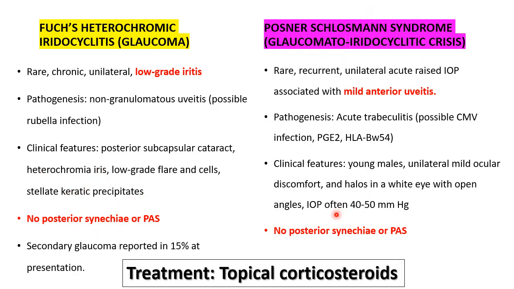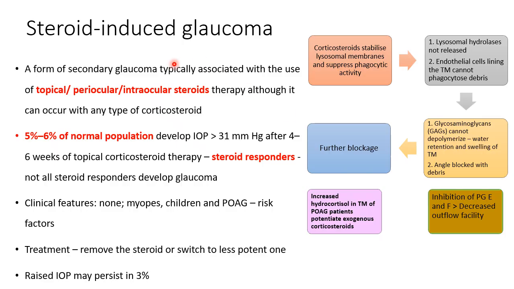And this one has a quiet eye with no other signs, but very high IOP and recurrent unilateral episodes. The next entity is steroid-induced glaucoma, a form of secondary glaucoma typically associated with the use of topical, periocular, or intraocular steroids, but it can occur with any type of corticosteroid.